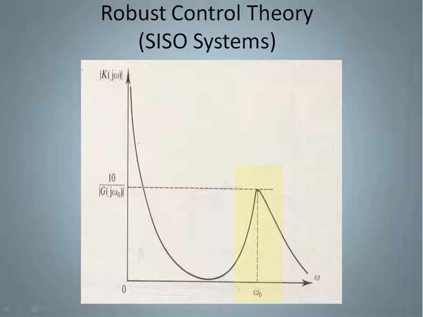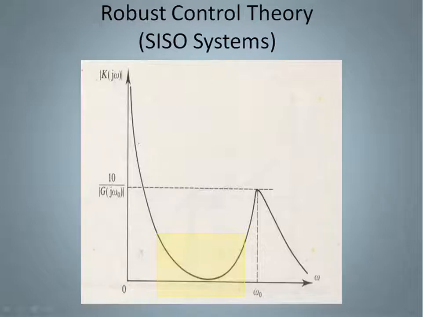And also because this controller has a high magnitude at the frequency W0, it will also attenuate an input vibration with frequency W0. In the mid-range frequency, the magnitude is low, and the system will be very sensitive to disturbances with those frequencies.